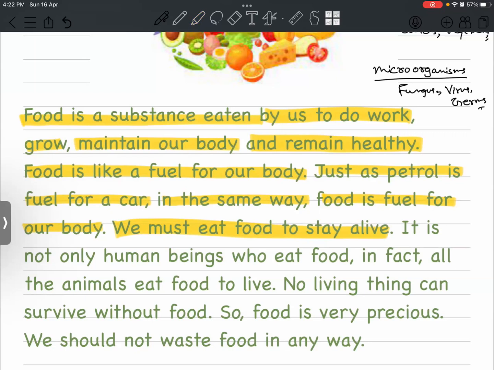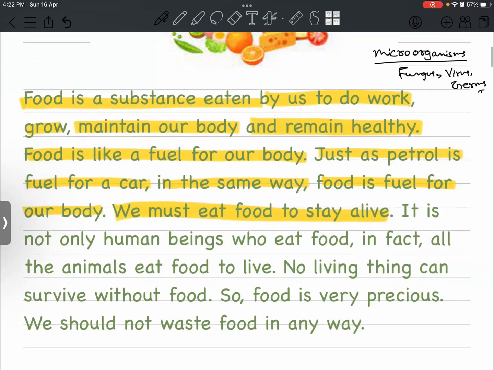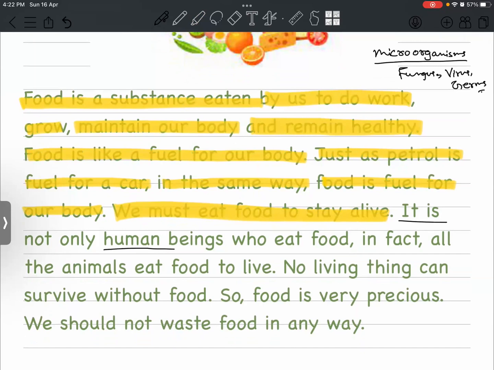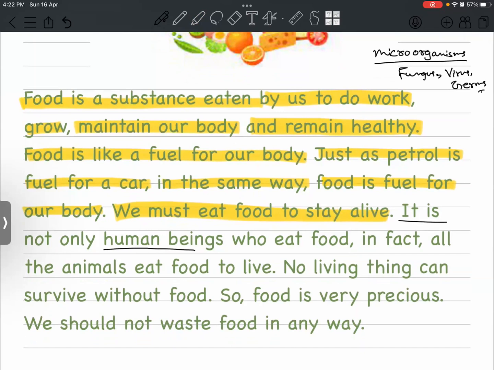These are the microorganisms, and the fact is that they also need food to survive, right? So it is not the human beings alone that need food. In fact, all the animals, whether micro animals or major animals, whether those we can see with our naked eyes or those we need a microscope to see, all of them require food.